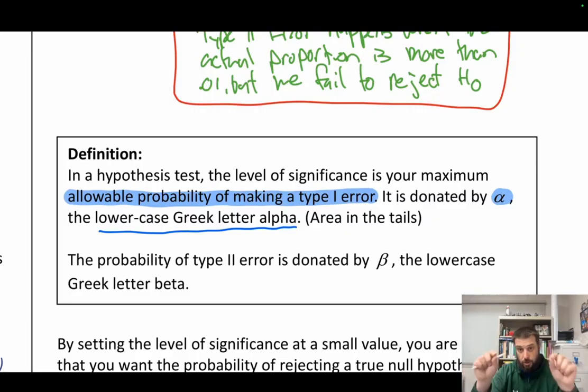So at the extremes of our normal distribution, our tails there. And the probability of a type 2 error is denoted by beta, which is the lowercase Greek letter beta.